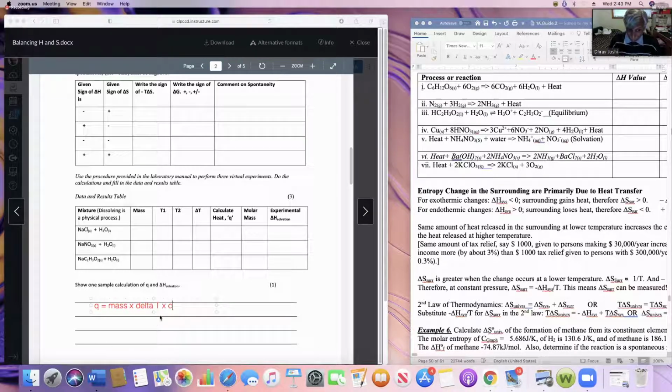This is going to be water, so they will tell you to just use the specific heat capacity of water. And so you know how to calculate Q.